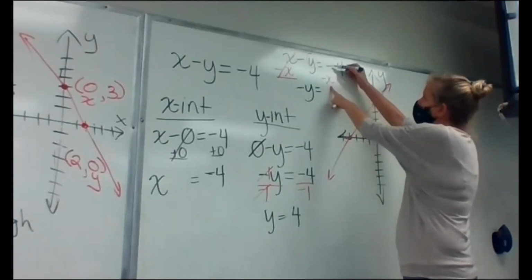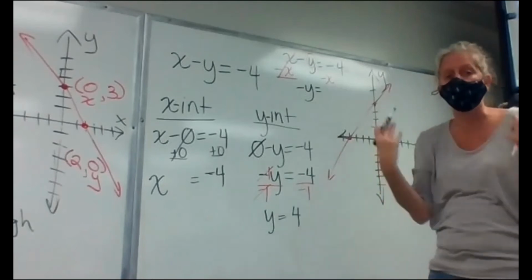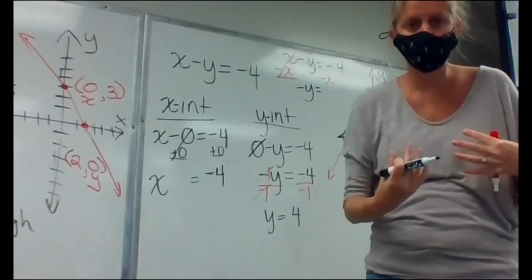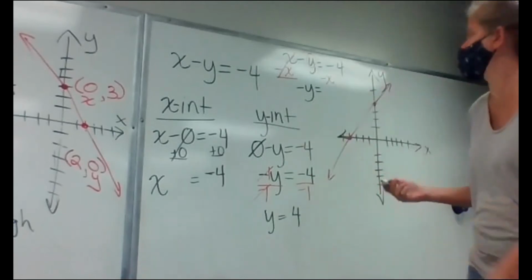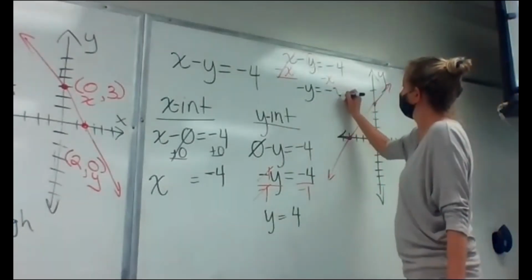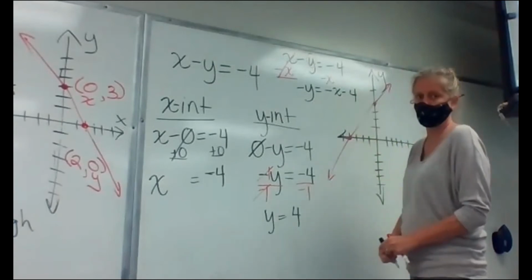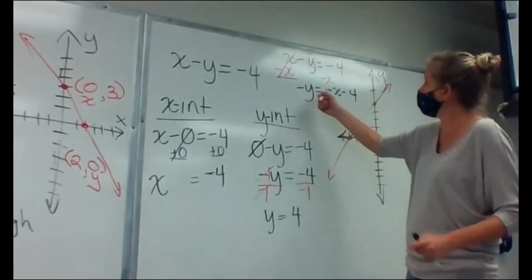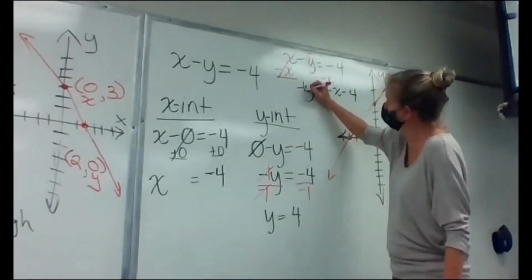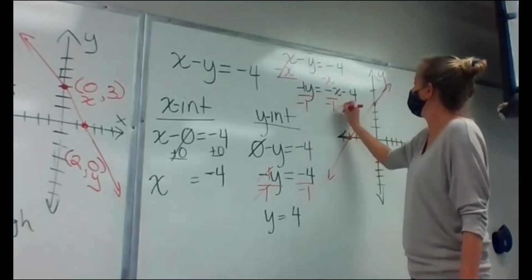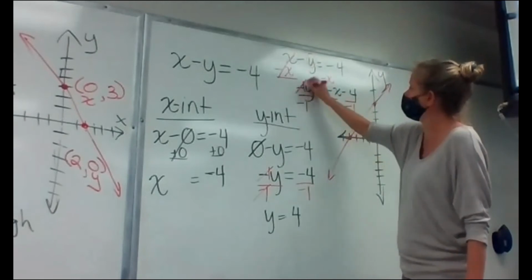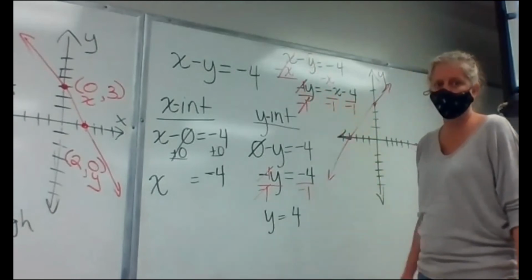I have a -x and a -4 that can't go together because they're not like terms. So you just have a -x and a -4 over here. Still getting y by itself. So remember, that's a -1 in front of that y. So I'm going to be dividing everybody on both sides by -1 to remove that.